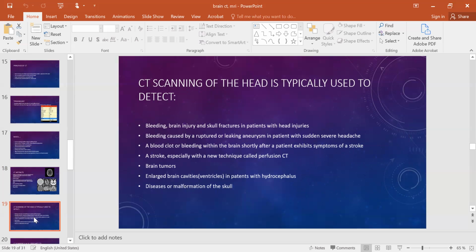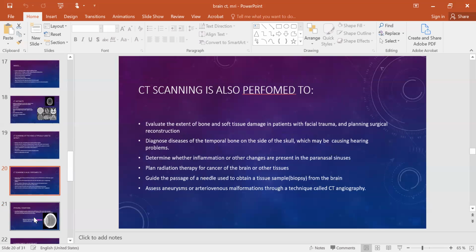For example, when there is bleeding, brain injury, and skull fractures in patients with head injuries; bleeding caused by a ruptured or leaking aneurysm in patients with sudden severe headaches; blood clot or bleeding within the brain shortly after a patient exhibits symptoms of a stroke, especially with a new technique called perfusion CT; disease and malformations of the skull; brain tumors; and enlarged brain cavities, ventricles, in patients with hydrocephalus.